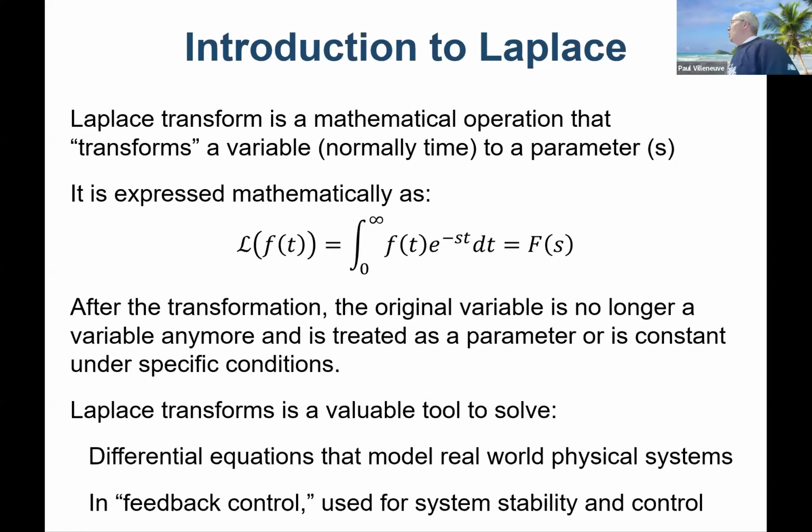This is called a unilateral Laplace transform. Why is it unilateral? Because our time starts at 0 and not at minus infinity. So the definition for transforming a function, f of t, in the time domain into the Laplace domain is to take the integral from 0 to infinity of our time domain function, f of t, multiplied by e to the minus st dt, and integrate that over those limits.